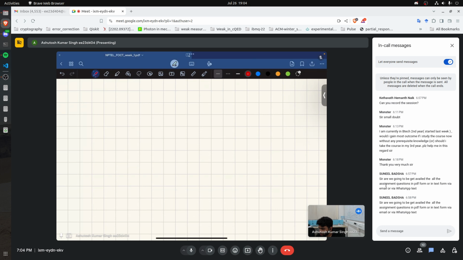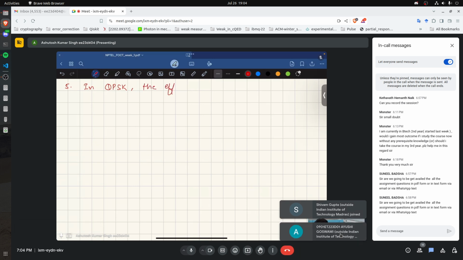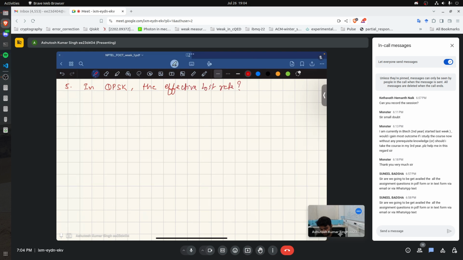The next question is, in QPSK, the effective bit rate is. Before we answer that question, we have to understand what QPSK modulation is. If you remember your lectures, QPSK modulation is just 4 symbols, and you can assign bits by any convention.